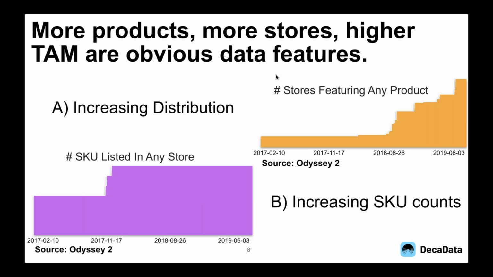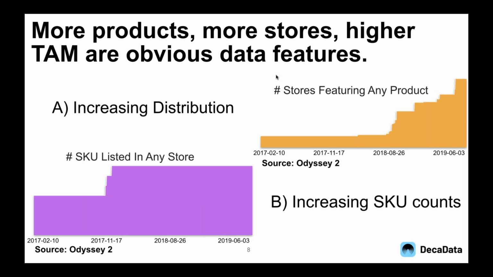In addition to that, alongside, is the number of stores featuring any product from a particular manufacturer. So are they increasing their distribution? If they're increasing their SKU count and increasing their distribution, then this is a way of increasing their TAM, their total addressable market.